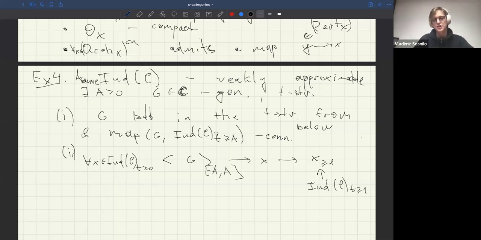And with this t-structure, conditions 1 and 2 correspond exactly to the conditions 1 and 2 of a C category.